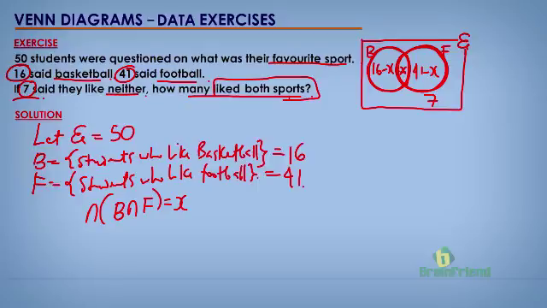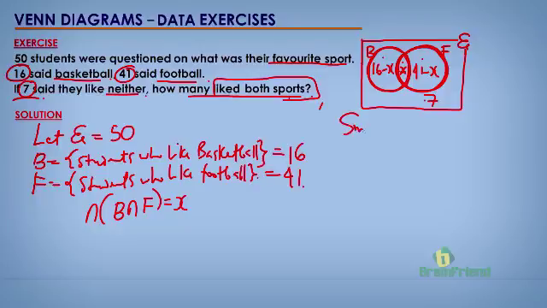If you take a careful look, we have 4 regions. We have the region of those that like basketball alone, exclusive of those that like both basketball and football. We have those that like both basketball and football. We have those that like football alone, exclusive of those that like both. And we have those that like neither.